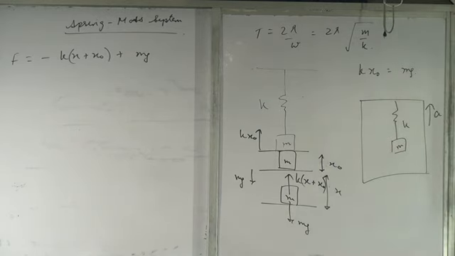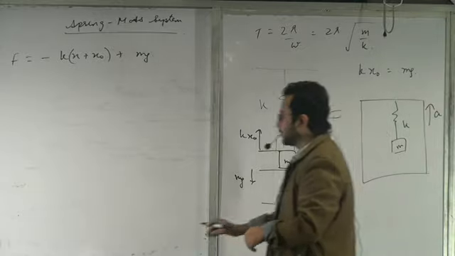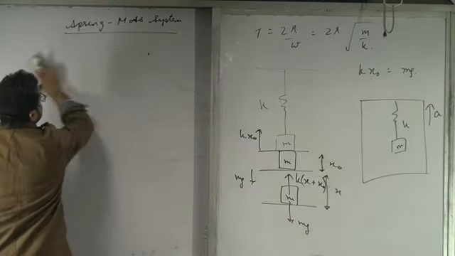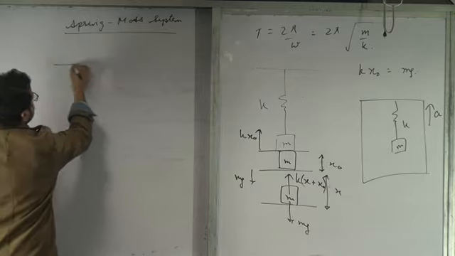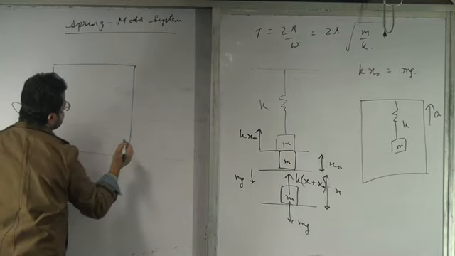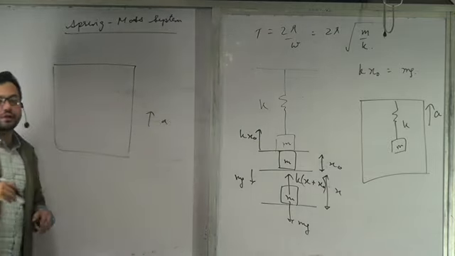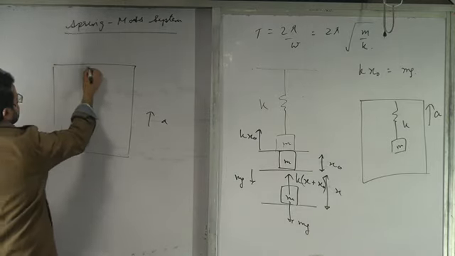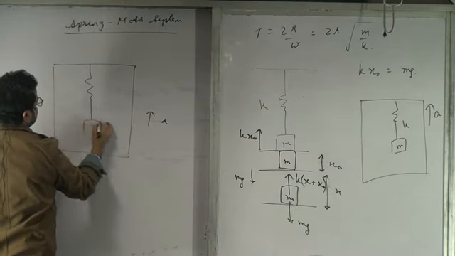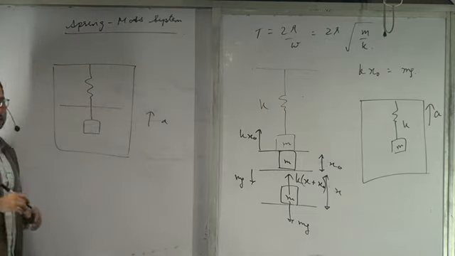Okay. So if this is in an elevator which is going up at an acceleration of a, first of all what you need to find out is the equilibrium position. Suppose this was the natural length of the spring.